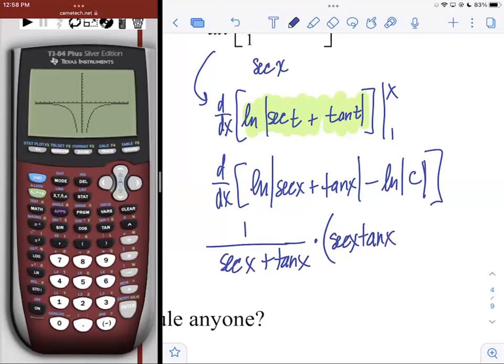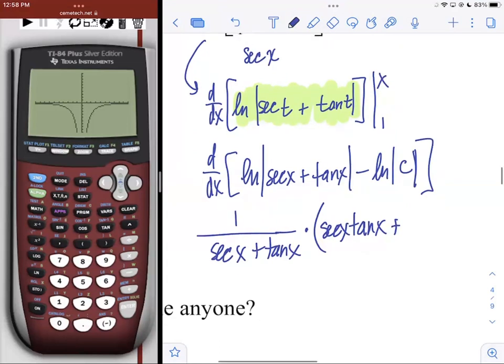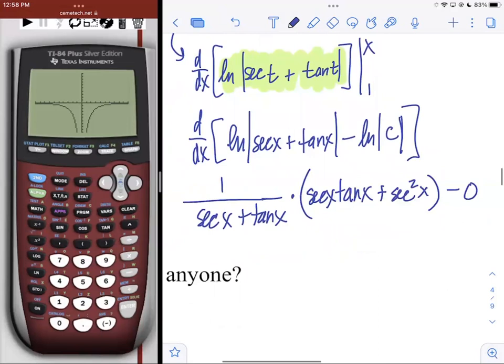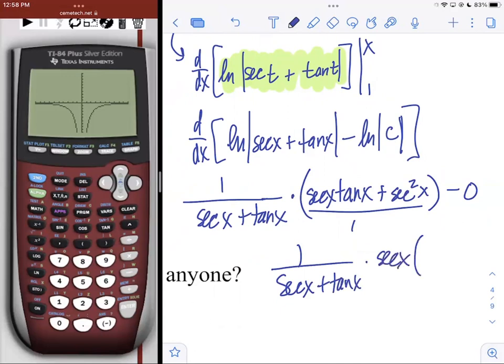Plus the derivative of tangent, which is secant squared, and then minus 0. Now, what can I do to simplify that? I can factor out a secant of x from the second term, and that leaves me secant x plus tangent of x.